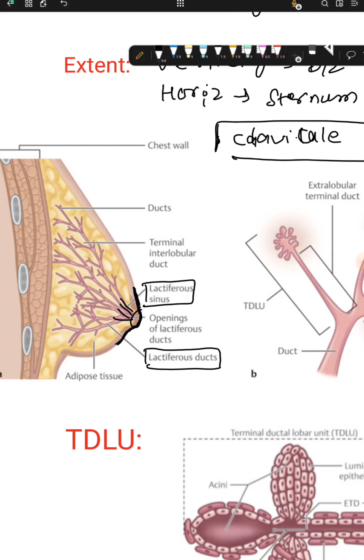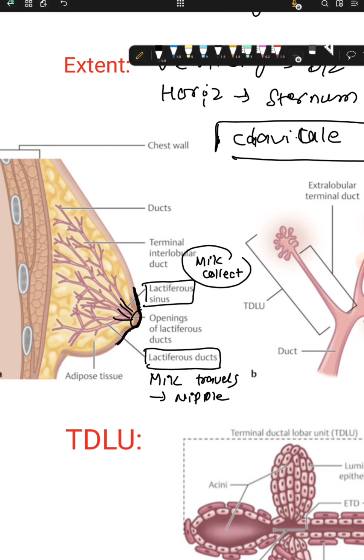The purpose of these two ducts is that in the lactiferous sinus the milk collects, and the lactiferous ducts are where the milk travels towards the nipple, right?